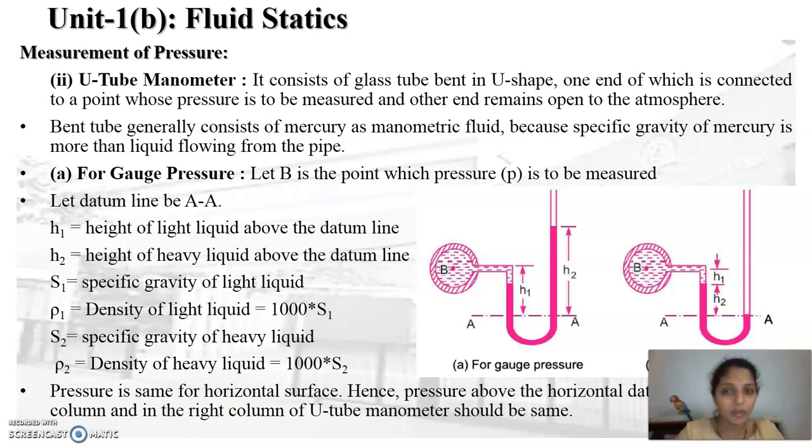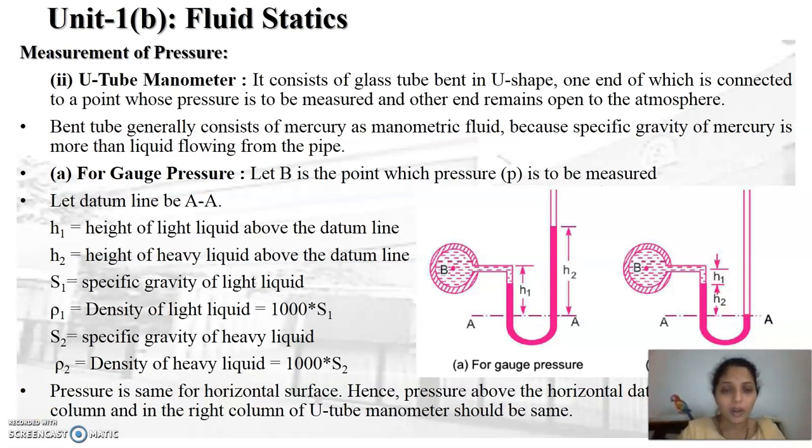Now in the case of the U-tube manometer, a manometric fluid is used. Generally the manometric fluid used is mercury. Then S1 is the specific gravity of the lighter liquid which is flowing from the pipe. S2 is the specific gravity of the heavier liquid inside the U-tube manometer.